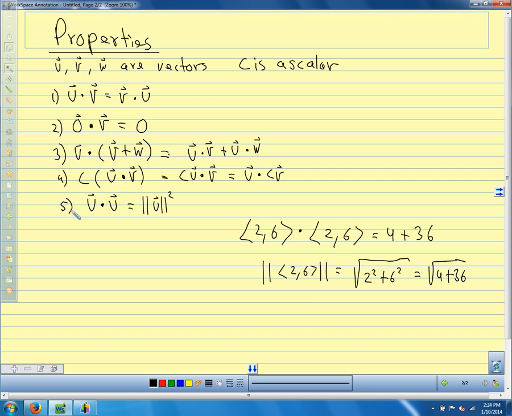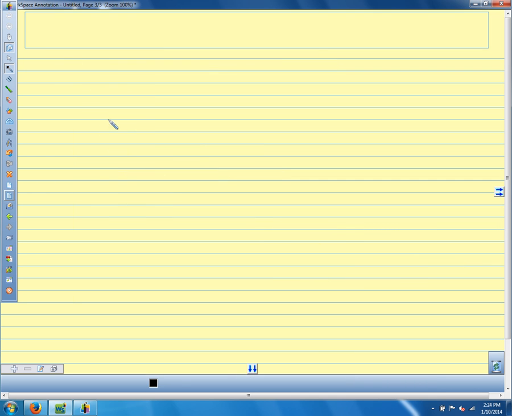All right. So let's talk about what the dot product tells us about the geometry. What is it telling us about the vectors, how they're related to each other, if we sketch them out? So I'm going to say angle between two vectors.